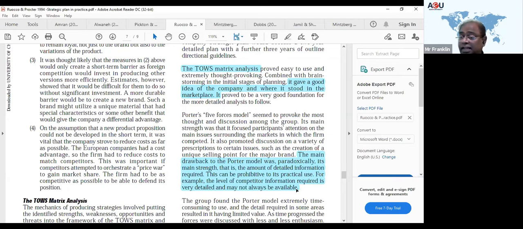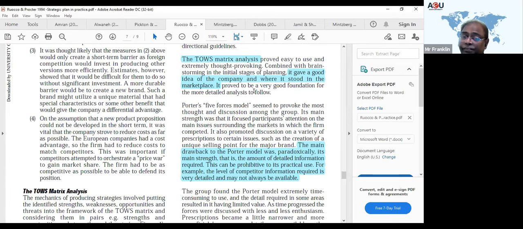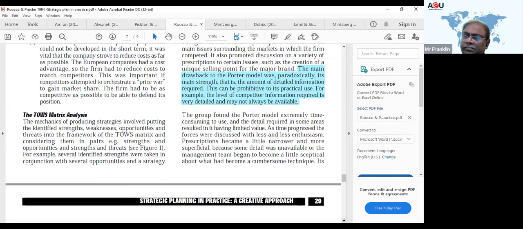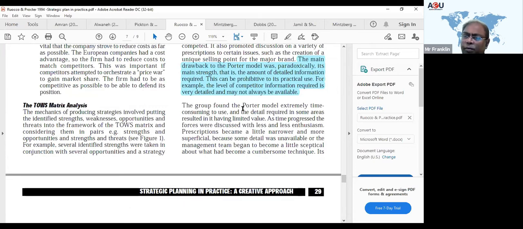So basically, this is the problem with Porter's model. He says TOWS is easier to do rather than Porter's, so you can argue that. Is Porter's time consuming to use? All right, TOWS is very convenient.